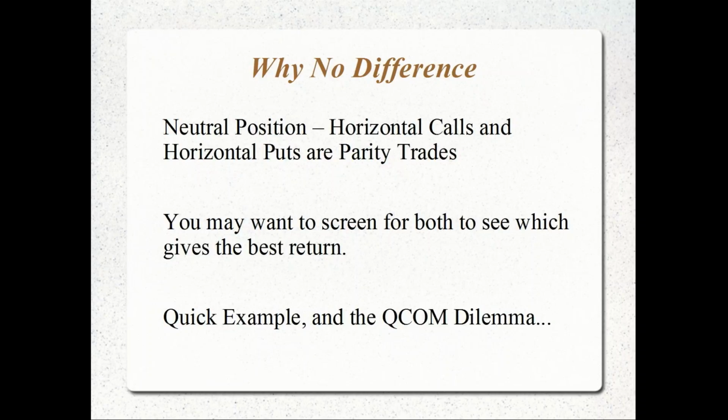And then I'll probably select which one I think is giving me the best bang for the buck, the best monetary return and the best percentage return. So there's no difference on the stock selection because they're not market sentiment driven. It's not neutral to bullish or neutral to bearish. It's just neutral. And you may want to screen for both or compare the two side by side for showing which one gives you the best return.